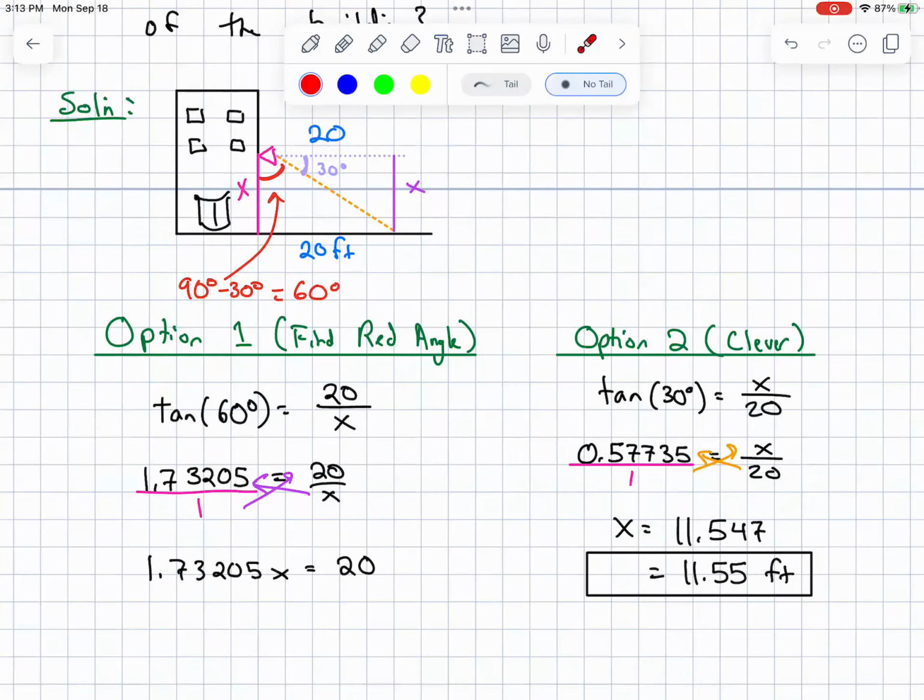Does that make sense? To reiterate, which angle you're using will change which side is opposite and which side is adjacent. So the reason why it is 20 over x versus x over 20 is that the angle is different, making the adjacent and opposite sides different.